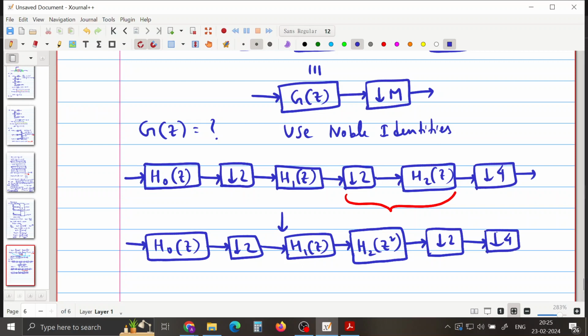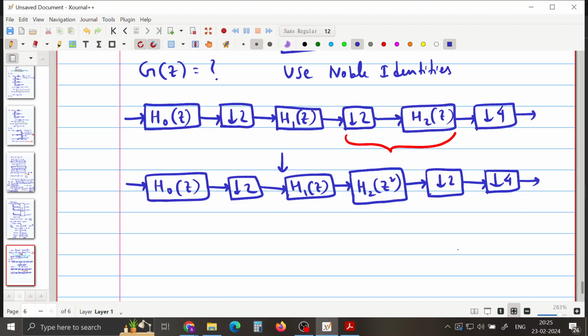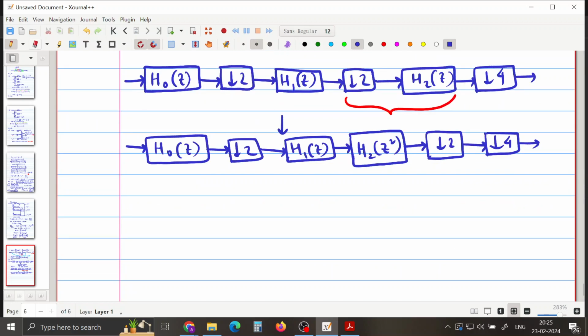Okay, by the way, this is a downsampler notation, right? This is a downward pointing arrow.